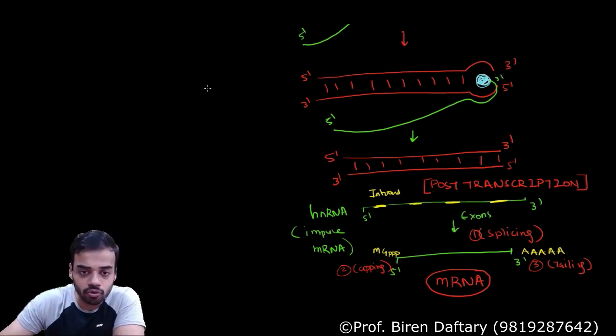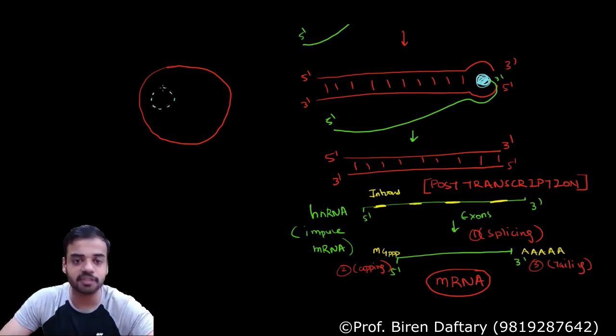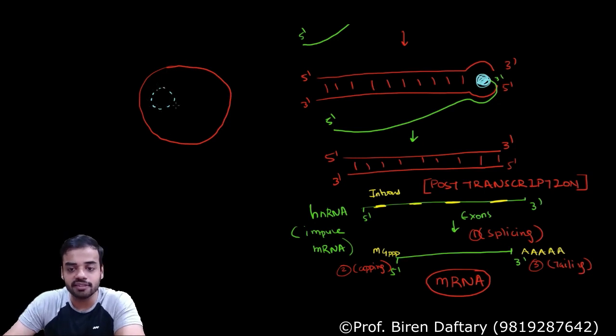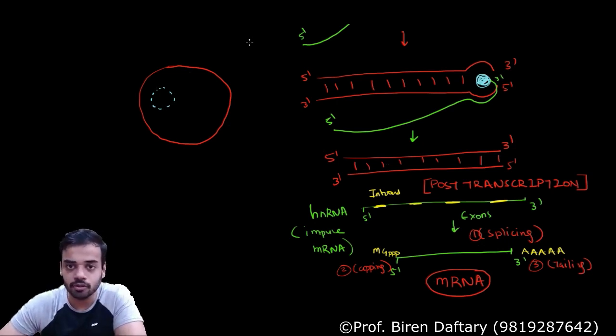I think most of you know that if I draw a cell like this, and a nucleus like this, then the nuclear membrane has got pores, the nuclear pores. So this ready-made mRNA goes out through the nuclear pore and goes out into the cytoplasm. Earlier it was in nucleoplasm, then it goes into the cytoplasm.